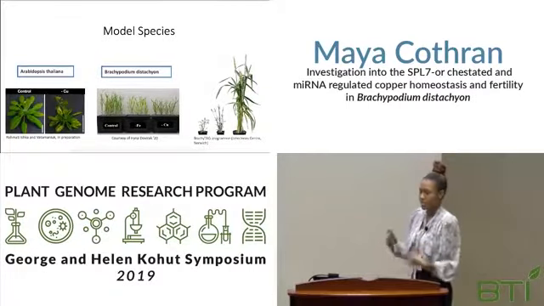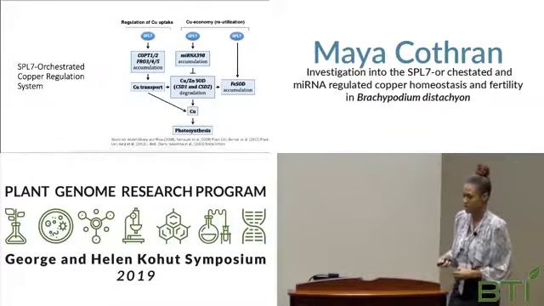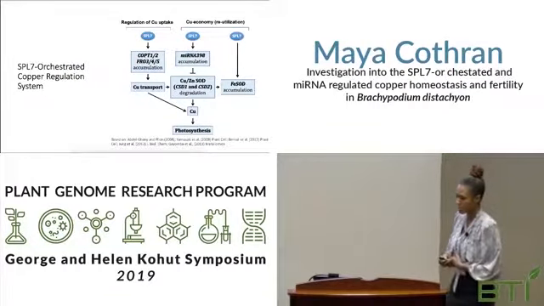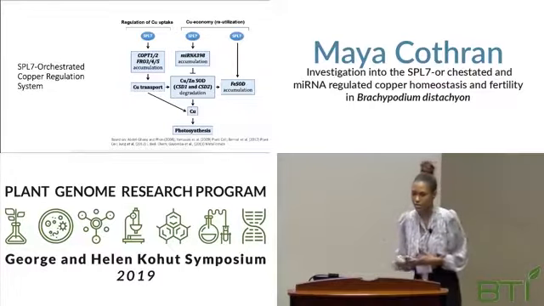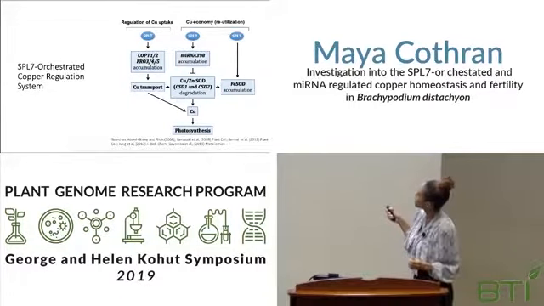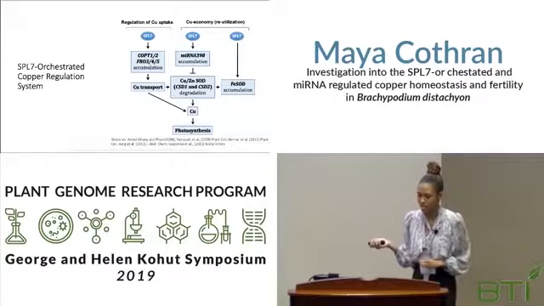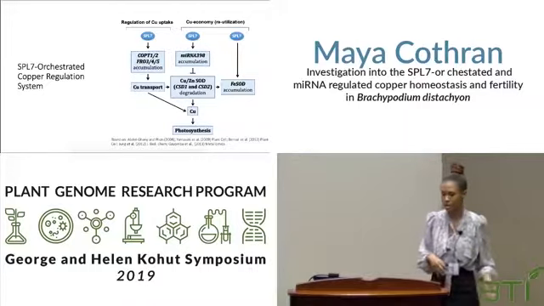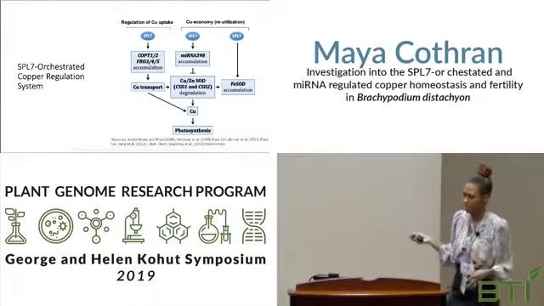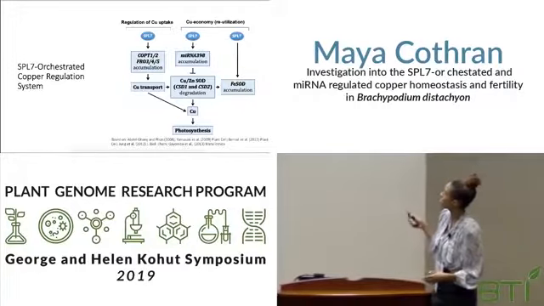So the way this regulation system works, it's all SPL7 dependent. SPL7 is a transcription factor, and it's going to work in two ways in this process. So as we can see here, SPL7 transcribes copper transport genes, and these genes transport copper to different parts of the plant, and this is when copper is available in the plant.